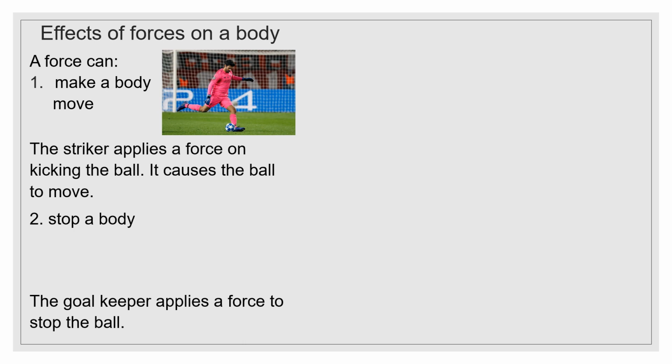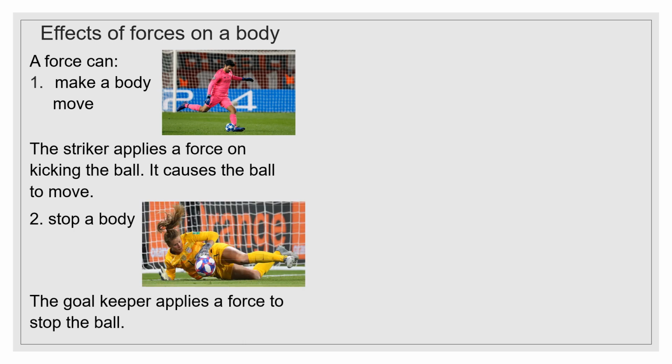The striker applies a force on kicking the ball. It causes the ball to move. When the goalkeeper applies a force in the opposite direction, the ball is stopped. So a force can also stop a moving body.